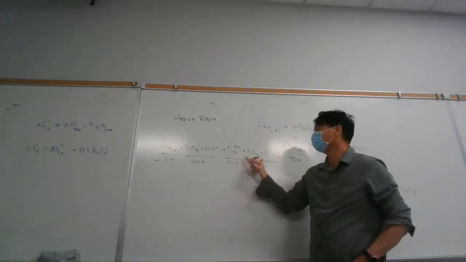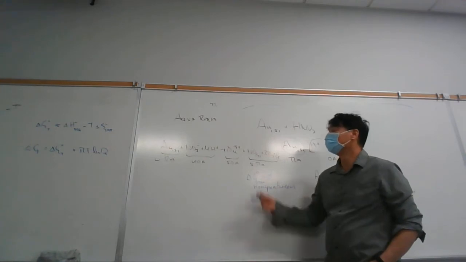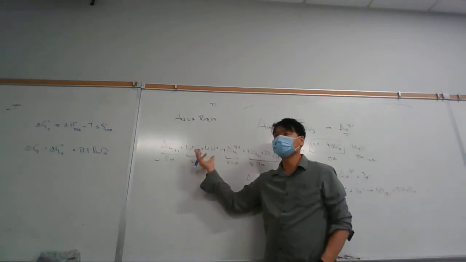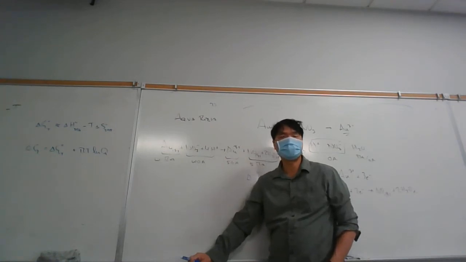And so something like this, we would want to make this as concentrated as possible. What's the most concentrated you can make the nitric acid? When you buy it, the most concentrated you can get the nitric acid commercially is not 12.